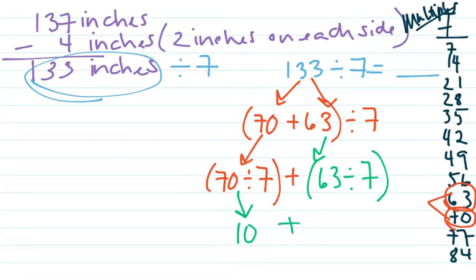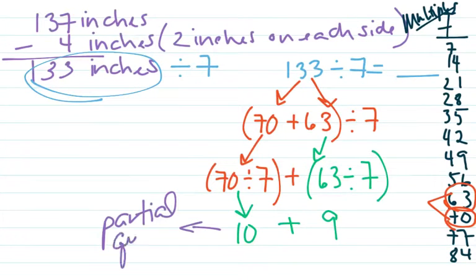And I'm going to add that to the following. I could say to myself, 63 divided by 7 is 9. Or I can say, what number times 7 is 63? And I know that would be 9. So now I have right here in this line my partial quotients. And if I add them up together, I get 19.